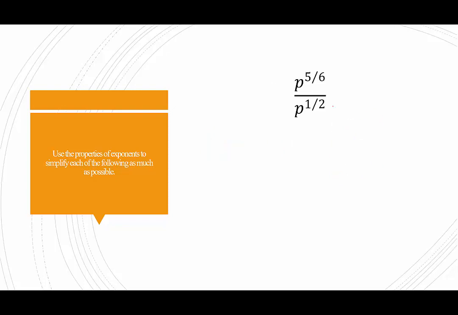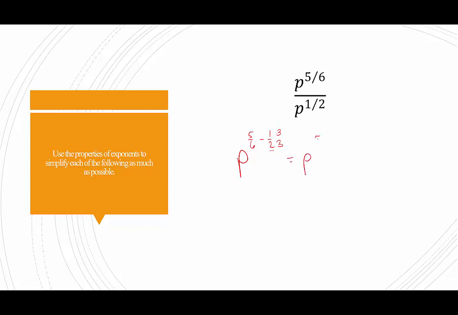How about this one? This is same base division. What do we do with same base division? We subtract the exponents. So this would become p to the 5 over 6 minus 1 over 2. If we're going to subtract with fractions, we do need a common denominator. The common denominator between 6 and 2 would be 6. So we're going to rewrite 1/2 with a denominator of 6, which would be 3 over 6.